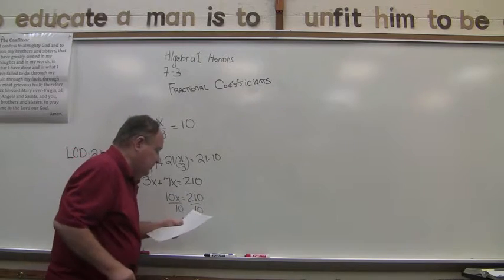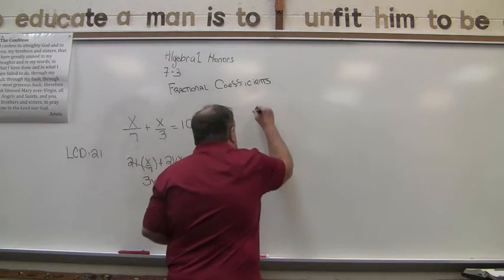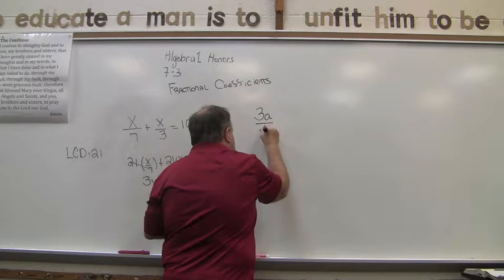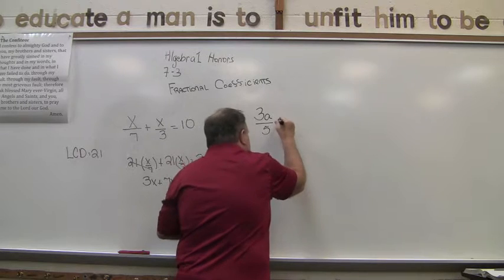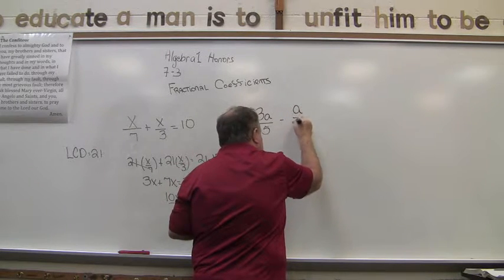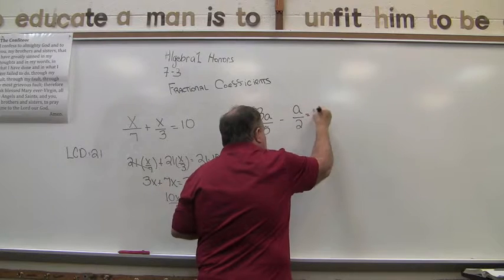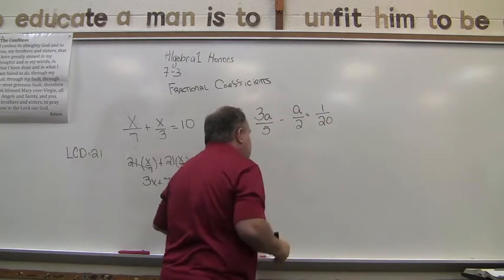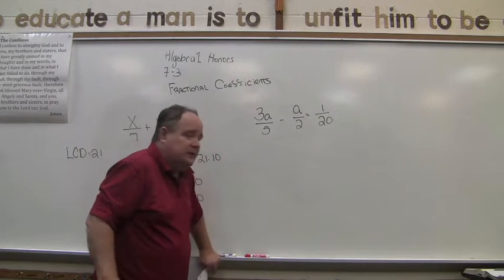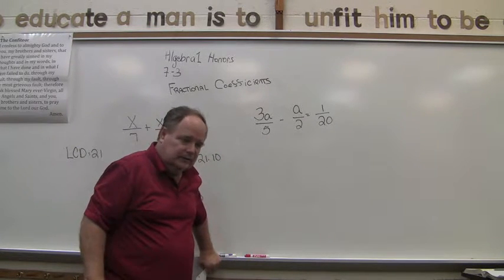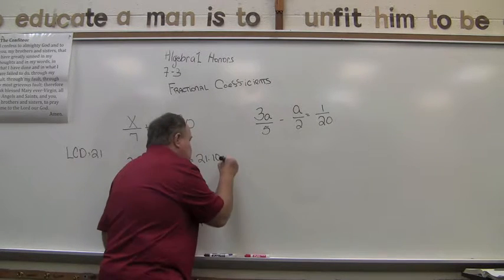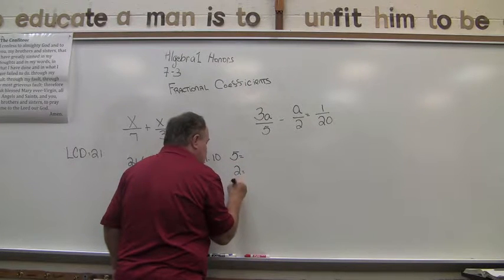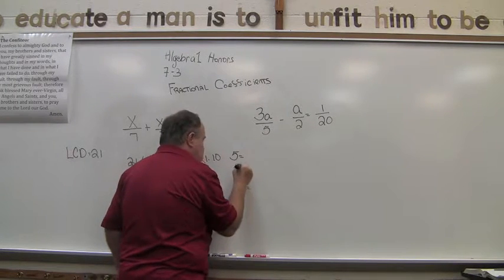All right, let's look at another one, just a little bit different. We have 3a over 5 minus a over 2 equals 1 over 20. In this case, let's pretend we couldn't figure out the least common denominator, so let's get the prime factorization.